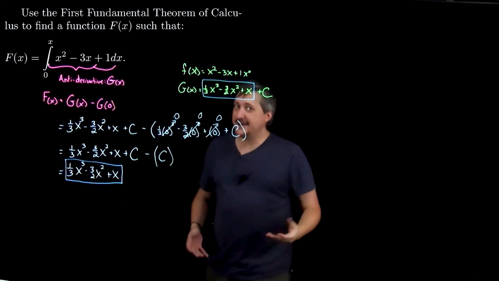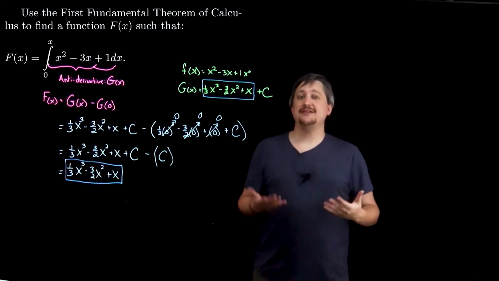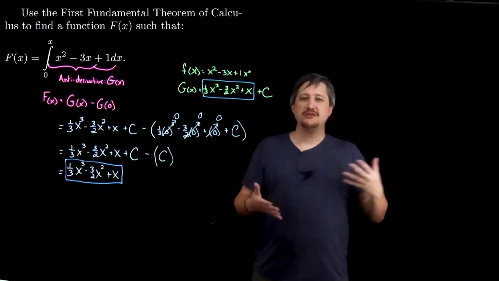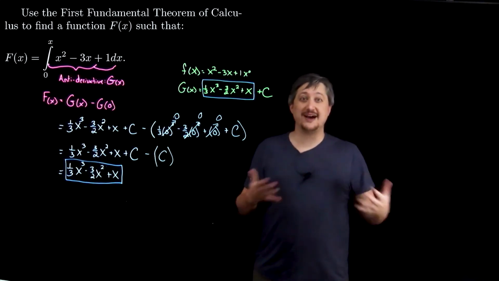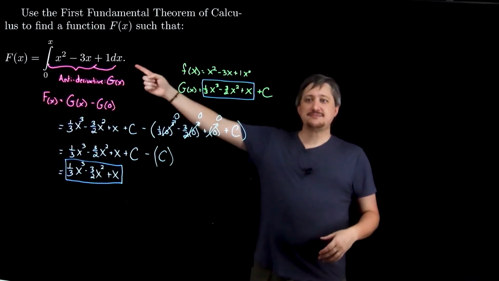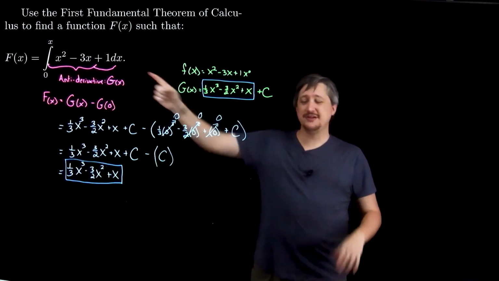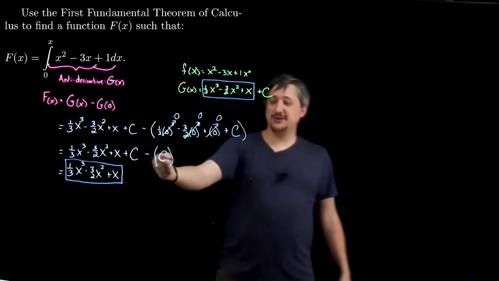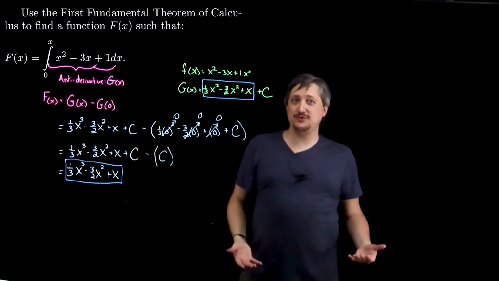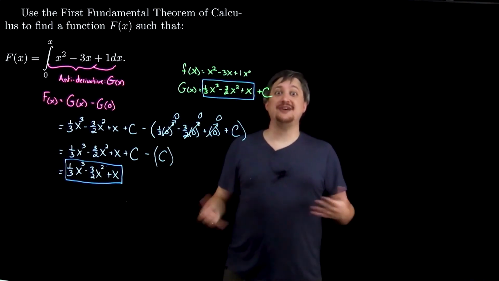And this is not an accident. This is the interesting thing that the first fundamental theorem of calculus is capturing: regardless of which antiderivative you decide to choose, whatever you put in for C, writing it this way, this weird almost definite integral, always cancels out that plus C. As a result, it really didn't matter which antiderivative you chose, because the definite integral is still going to get the same result at the end.